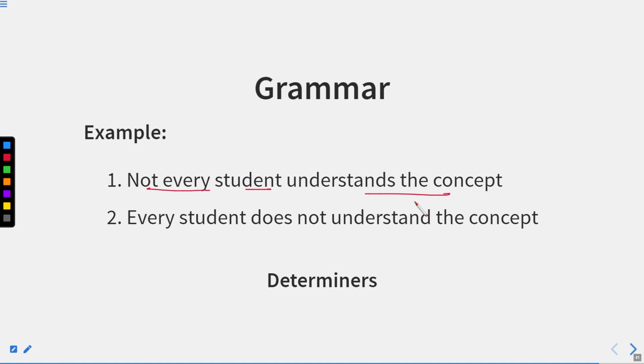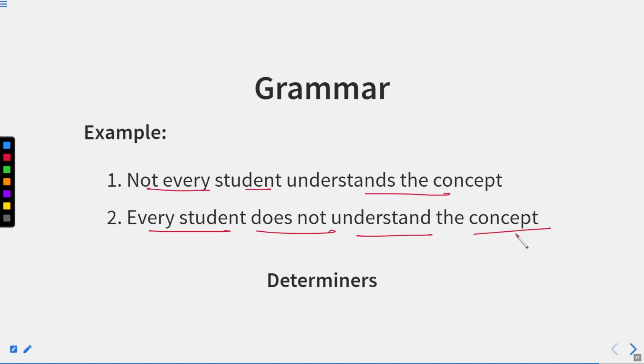It means maybe there are 50 students, not every student. It means maybe it is possible that there are some students who are not understanding the concept. Every student does not understand the concept. So here I'm saying every student does not understand the concept. The meaning is slightly different in both the sentences.